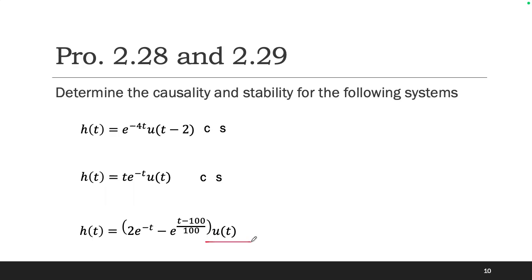So this value will go to positive infinity. Because t and e is like a power, right? So this one will go to positive infinity. If there is a minus, it will go to negative infinity. So is it stable or not stable, if it is infinite? Oh, sorry, it is not stable.